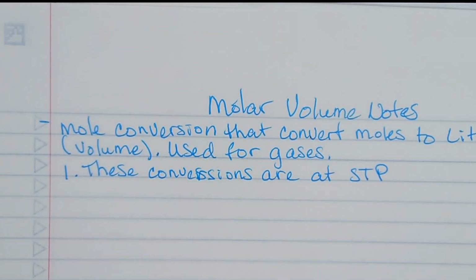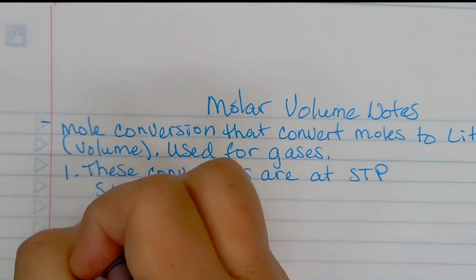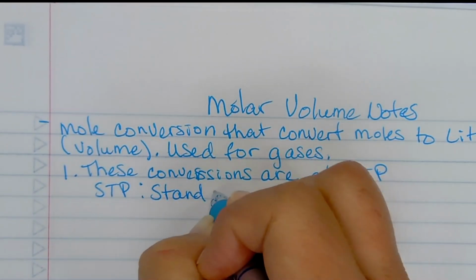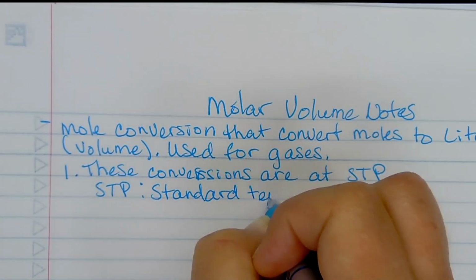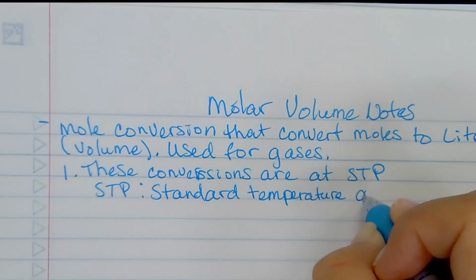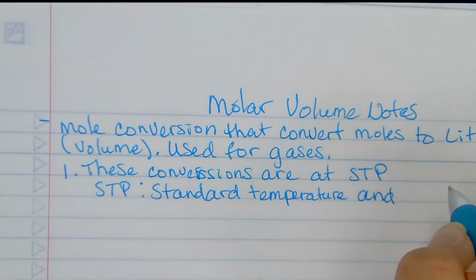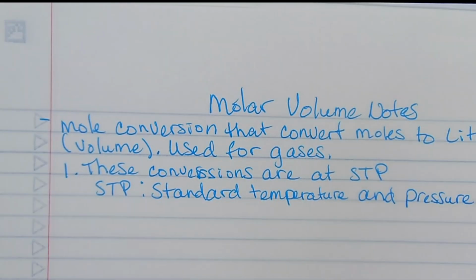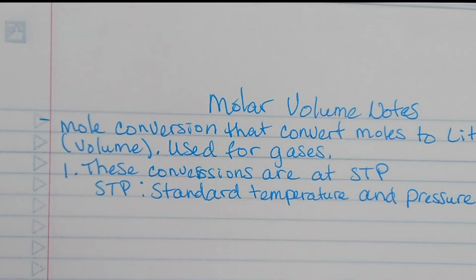So I'm going to define what STP is for you guys. It is a short way to say standard temperature and pressure. What this is telling us is that we're going to have a standard temperature and pressure, because gases can change based on their temperature.